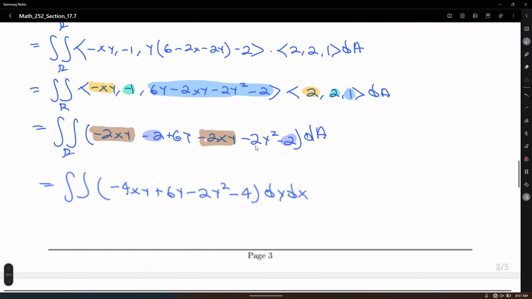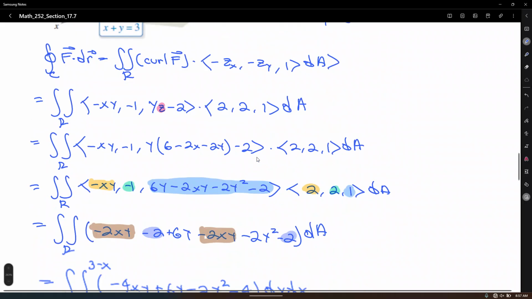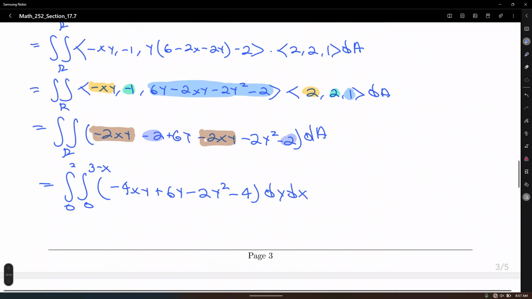So y goes between 0 and 3 minus x, and the limits in the direction of x go from 0 to 3. I don't want to evaluate this integral, it's polynomials, it can take forever. You guys are experts in integration, right? So we're going to get negative 18. Alright, so that's another Stokes' theorem example.